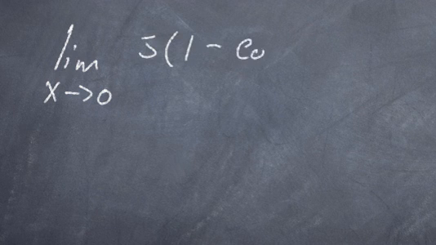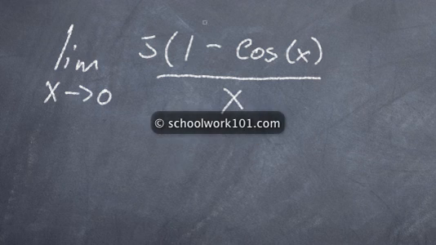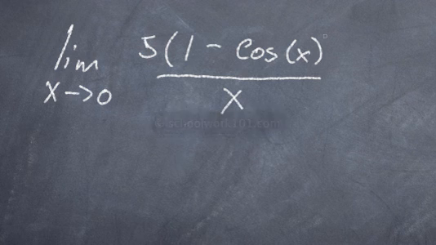Now that we know that, let's look at a different one. So we have 5, and then in parentheses 1 minus cosine x over x.